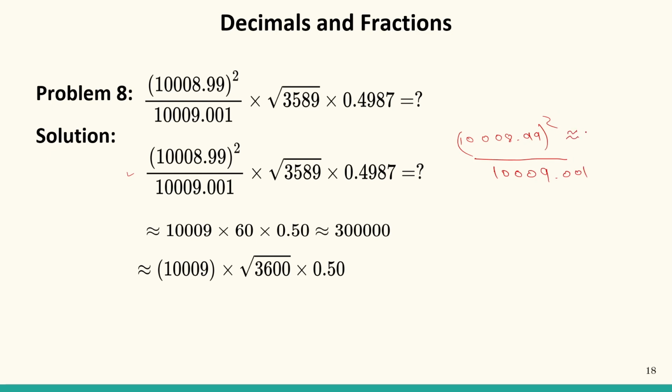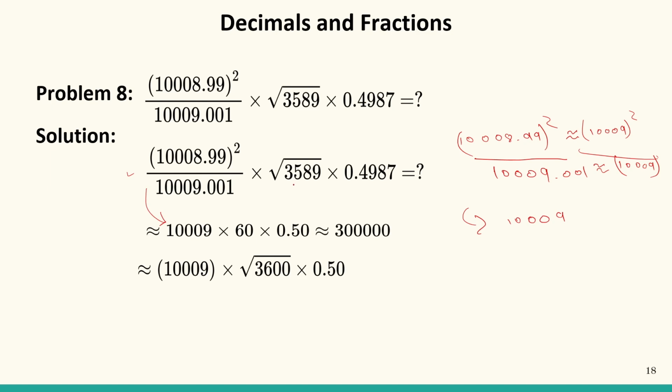The numerator is approximately equal to 10009 whole square, and the denominator is approximately equal to 10009. If we go further, what we are left with is 10009. So the whole thing here is approximately equal to this number.